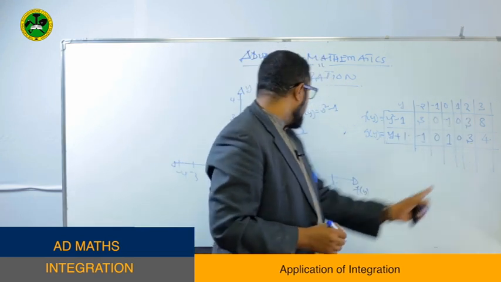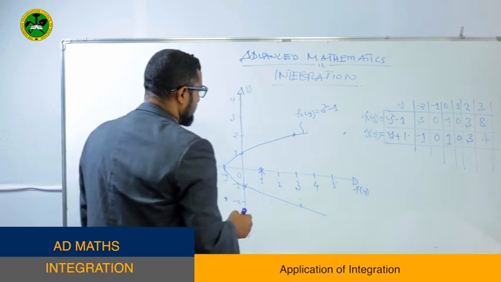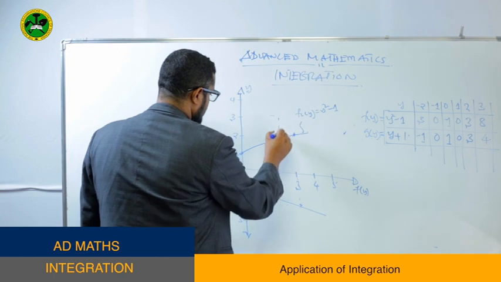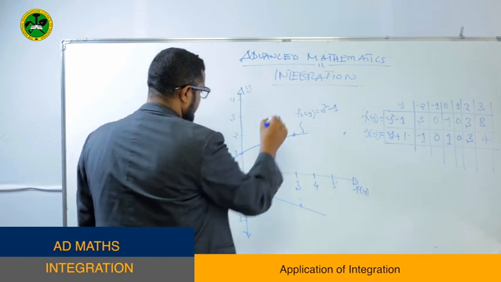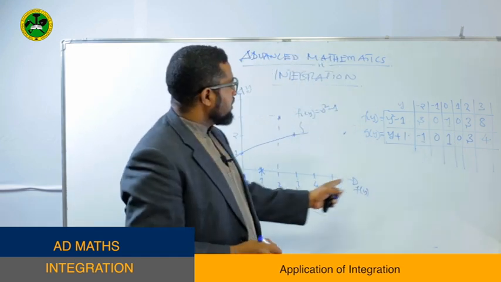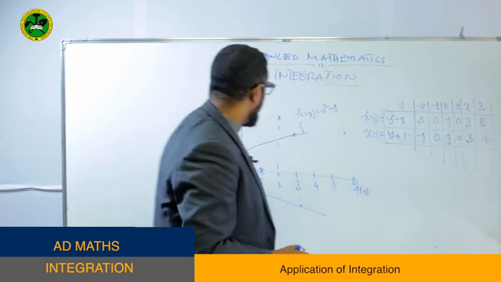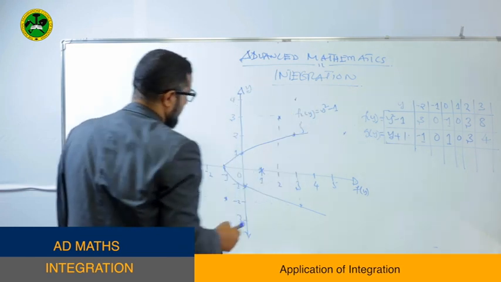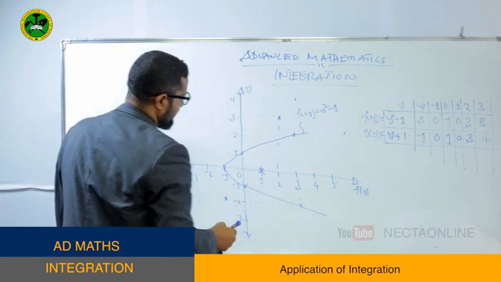When it is 2, it gives us 3. Again, when it is 3, we have 4. Now join the points.